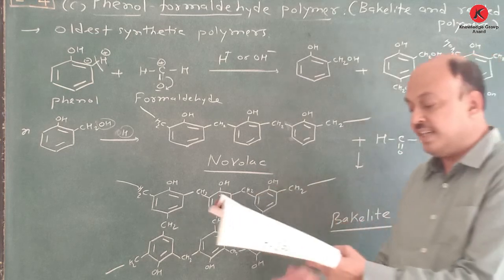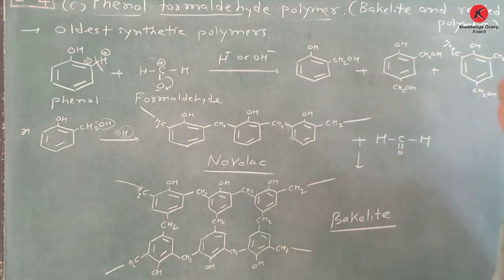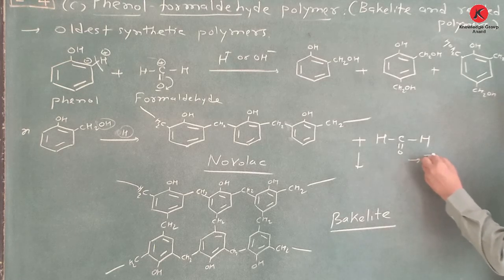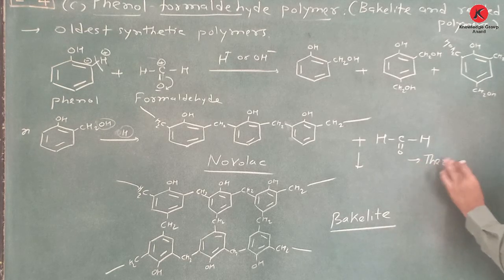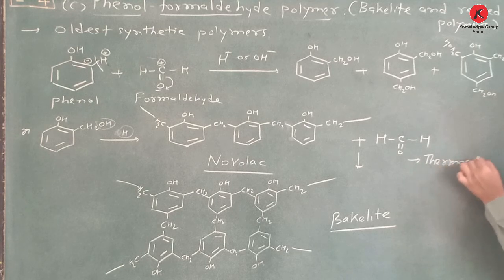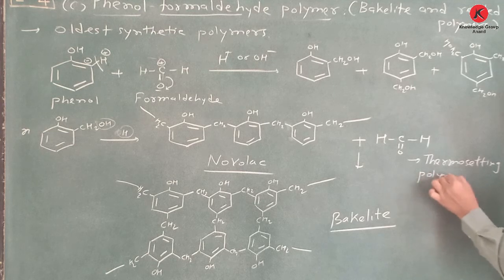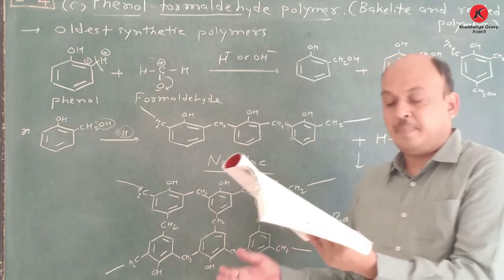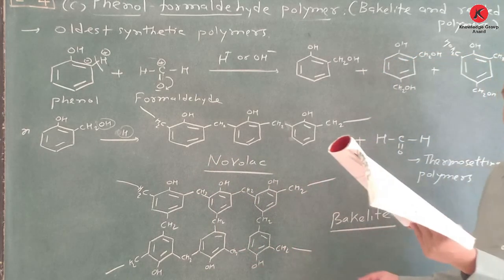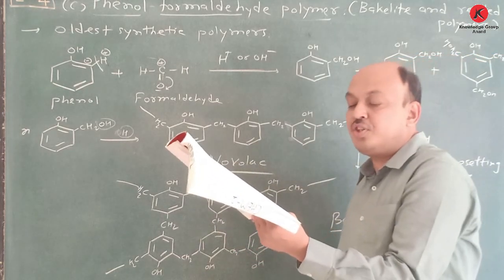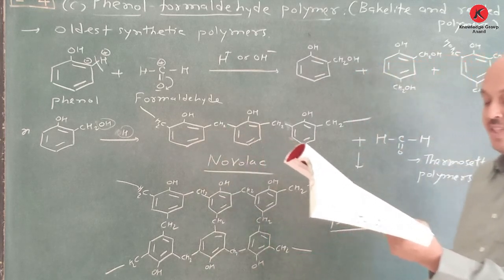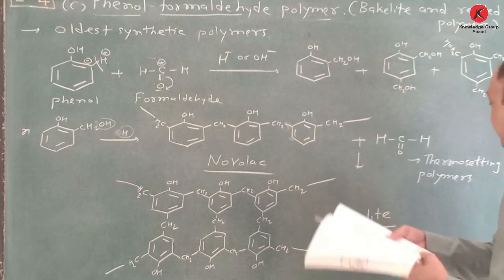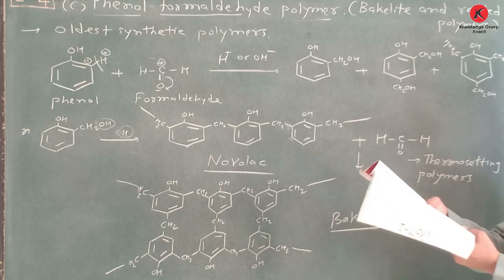Now bakelite is a thermosetting polymer. Thermosetting polymers: that means when temperature is given, it becomes hard and once again cannot be used. So thermosetting polymers cannot be reused or remolded.